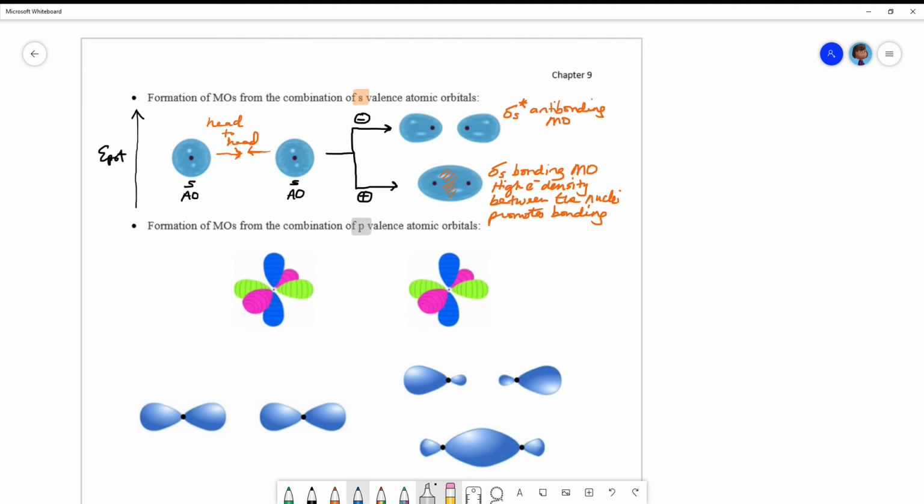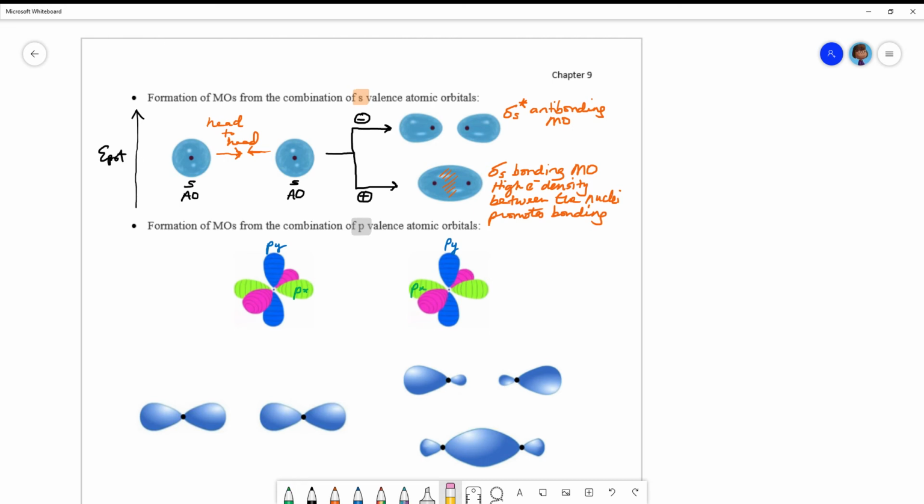What we are showing here in this diagram is the py orbital, the blue orbital along the y-axis. Let's show that a little more clearly. The px orbital is this sort of yellowy green one. Whoops, I should say x, which is along the x-axis.